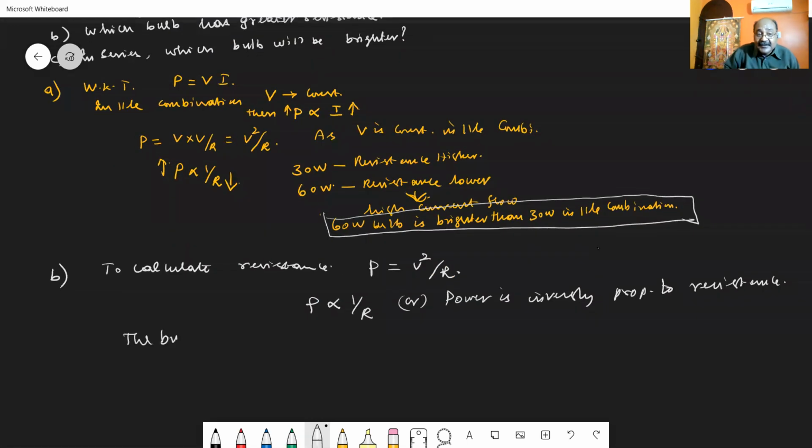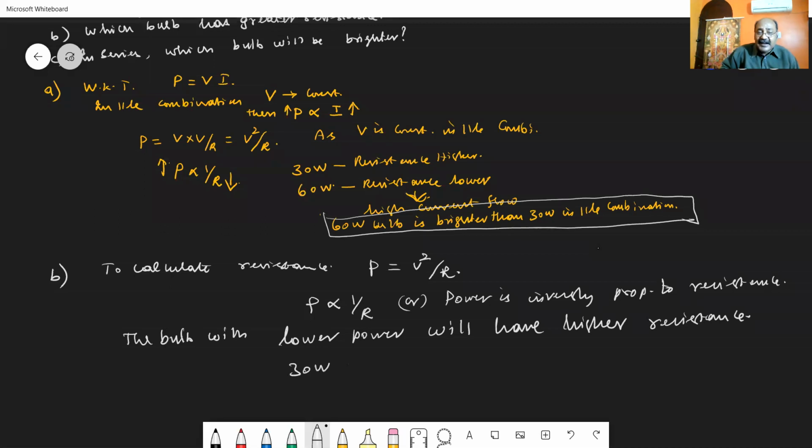Let us take like this. The bulb with the lower power will have higher resistance because both are inversely proportional. So which one is having the lower power?